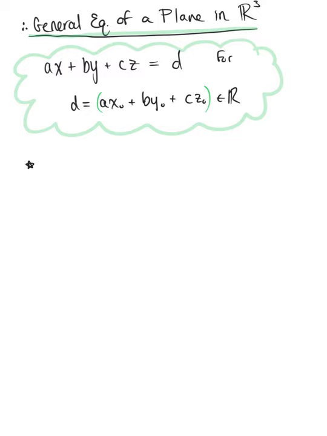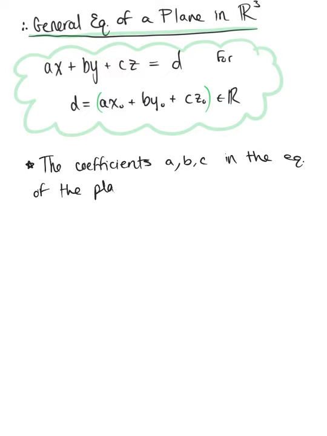So we say that the coefficients A, B, and C in the equation above determine the plane's orientation.